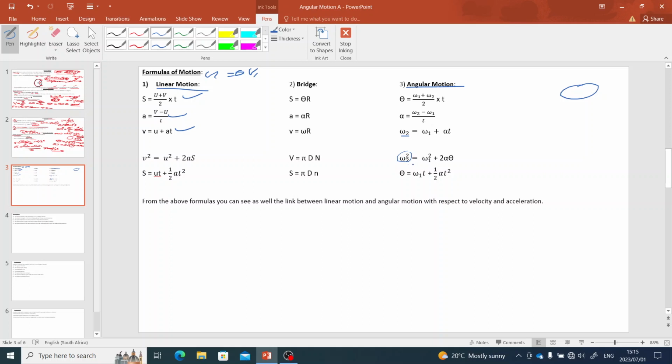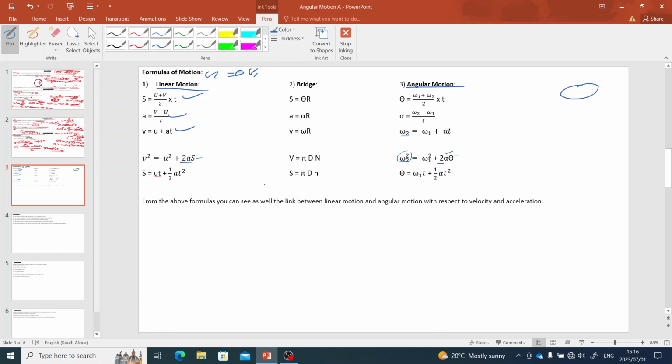It equals omega 1, initial velocity, squared plus 2 multiplied by acceleration and displacement. Since we are dealing with motion on the circular course, it is 2 multiplied by alpha multiplied by theta. Then we have displacement equals ut plus 1 over 2 at squared. This side: omega 1 for initial, multiplied by time, plus 1 over 2, alpha multiplied by t squared.